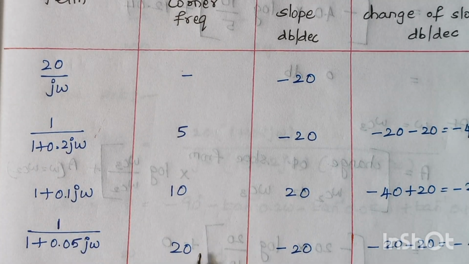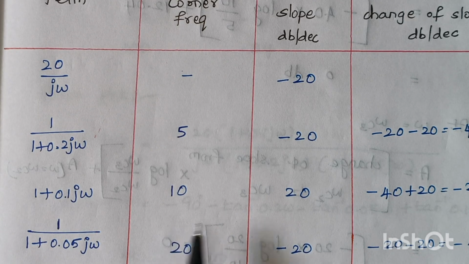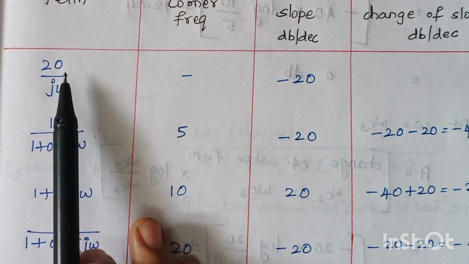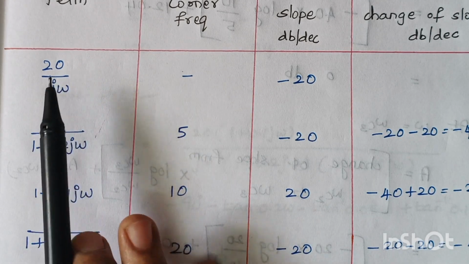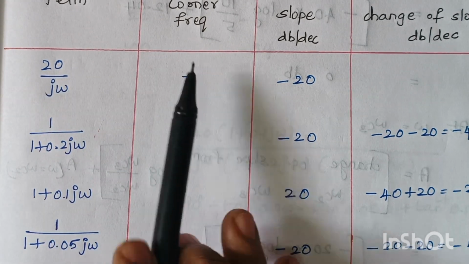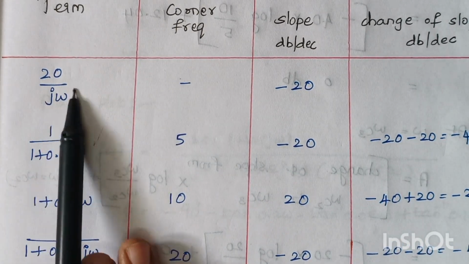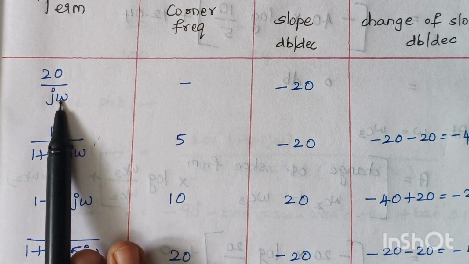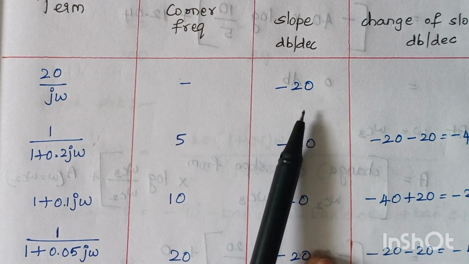After writing the corner frequency, now we are moving to the slope, right? A constant and omega will never produce a corner frequency, so here it is nil. An omega in the denominator produces a slope of minus 20, that is, omega produces 20 decibel per decade. Since omega lies in the denominator, this produces minus 20.